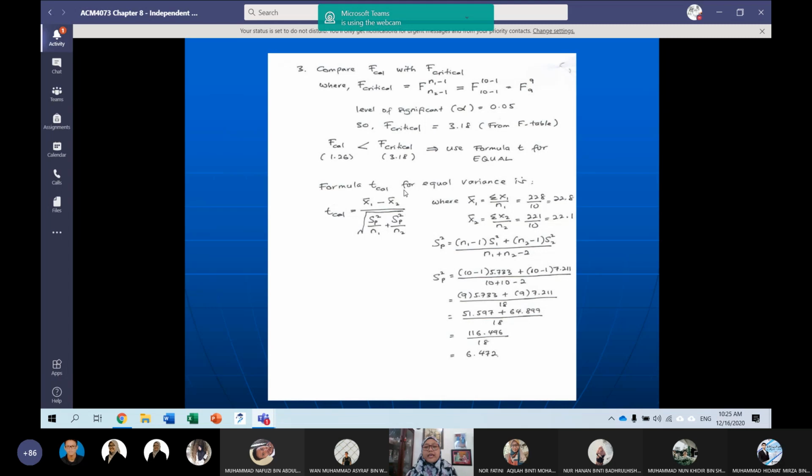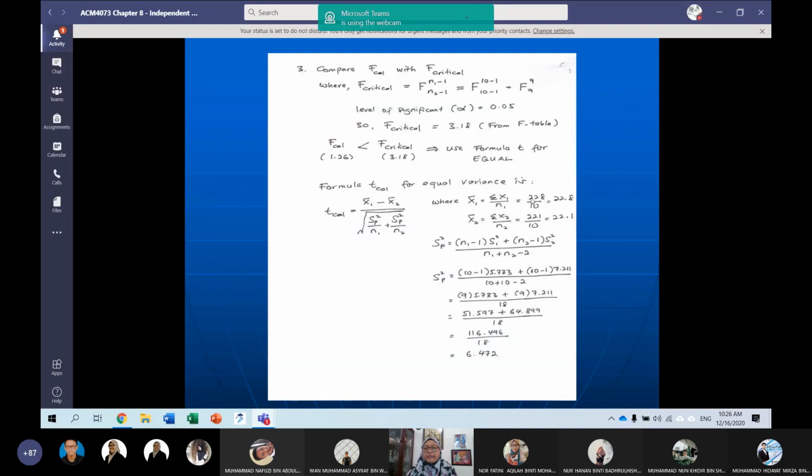So the formula for T-cal for equal variances is the mean score for male take away the mean score for female, divided by the square root of S2P times 1 over N1 plus 1 over N2. How do we get the mean for male scores?